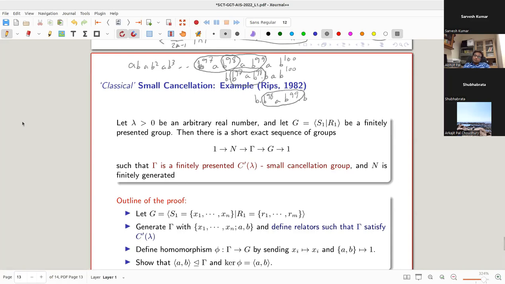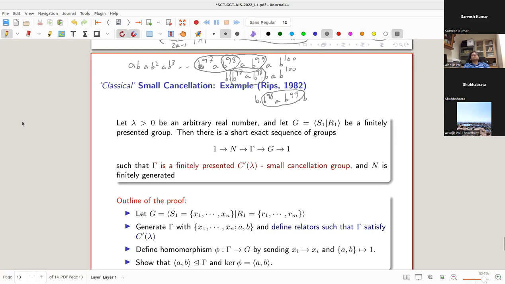Now, one of the main things that we will be proving in this mini course is that if we have a C prime 1/6 presentation, then that group is Gromov hyperbolic.